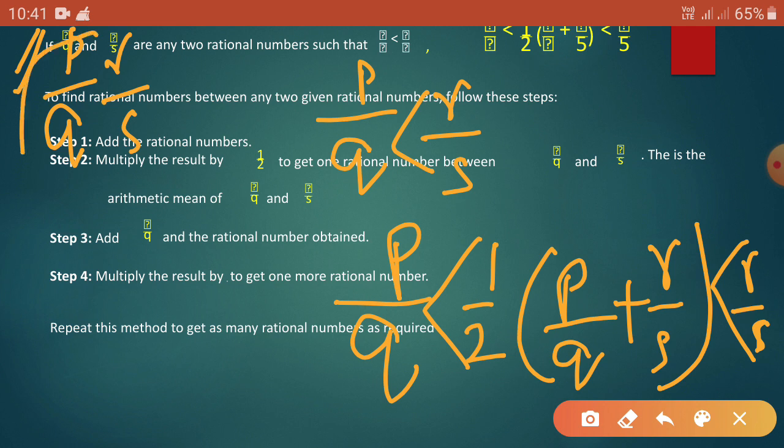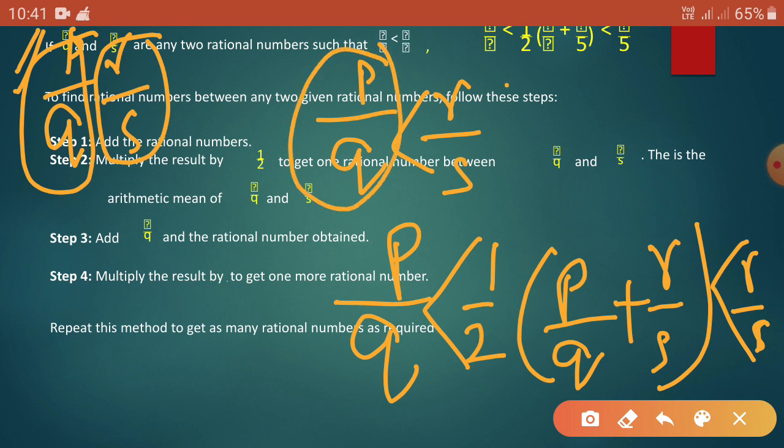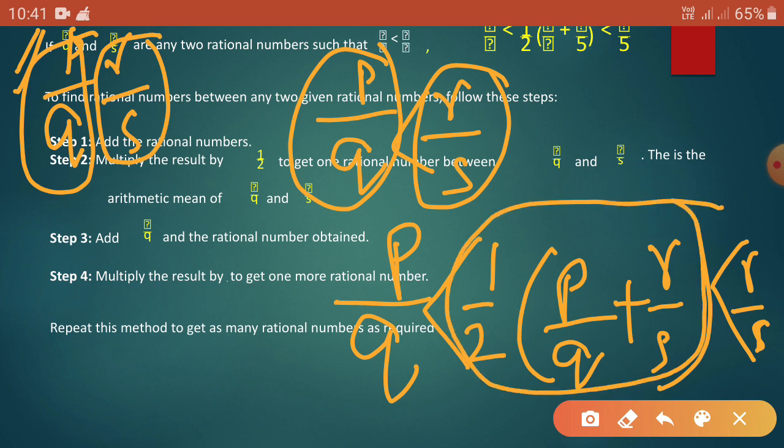If p by q and r by s are two rational numbers such that p by q is less than r by s, then the rational number between them is 1 by 2 multiplied with p by q plus r by s. This gives you the rational number between p by q and r by s.